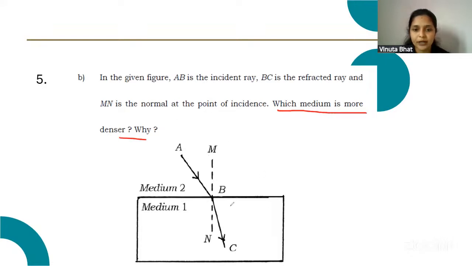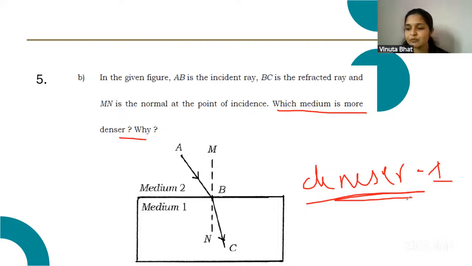Here medium 1 is the denser medium. Why? Because when light moves from medium 2 to medium 1, from a less dense medium to a more dense medium, the light bends towards the normal MN. So medium 1 is the denser medium.